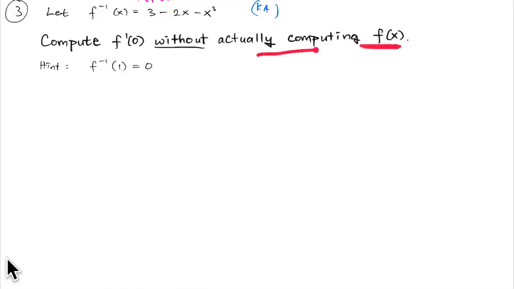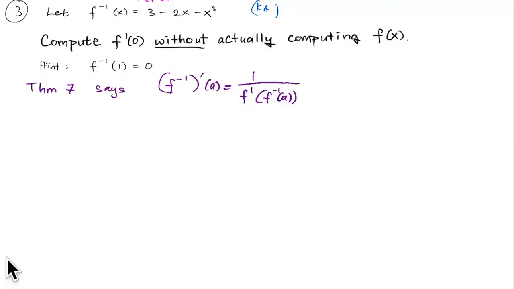And I'm telling you not to compute the function because we haven't learned how to do that. And that's not something we're going to learn in this class. So the hint is to use this and to use the formula. So this is the formula. And my goal is to compute f prime of 0.